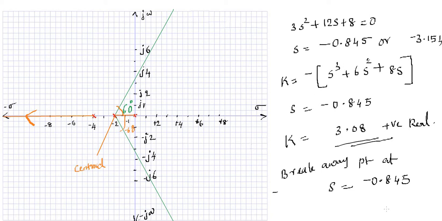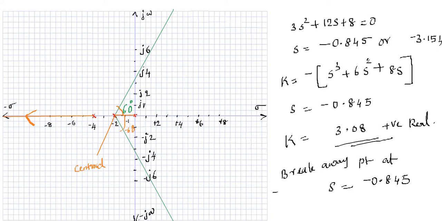Now, no need to do all these calculations, because if we find two values of s, we already know there is one root locus branch starting from minus 2, and another root locus branch starting from 0. So, the breakaway point will always be in between 0 and minus 2 with respect to this question.